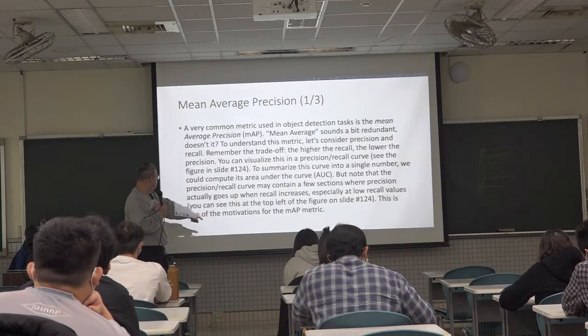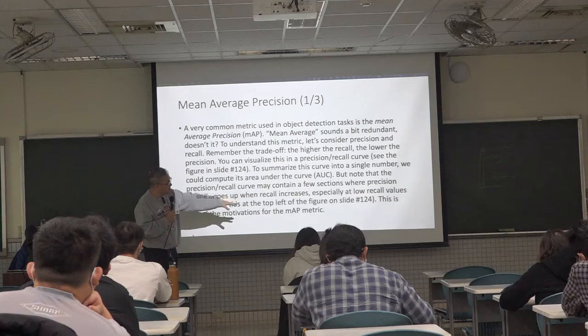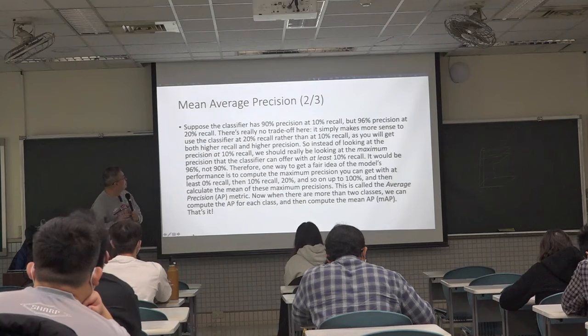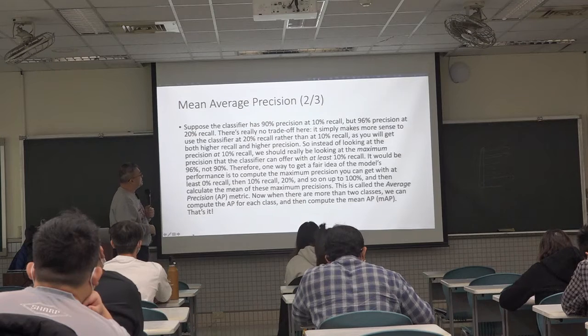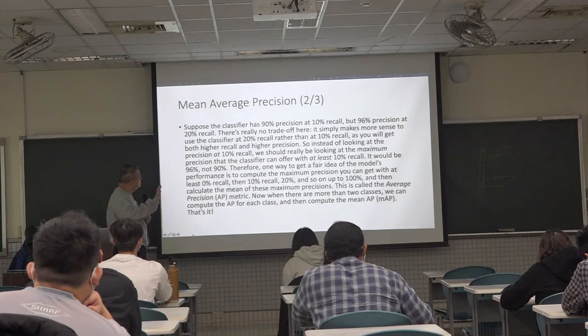So this is one of the motivations for the mean average precision metric. Suppose the classifier has 90% precision and 10% recall, but 96% precision and 20% recall. Assume it is like that.